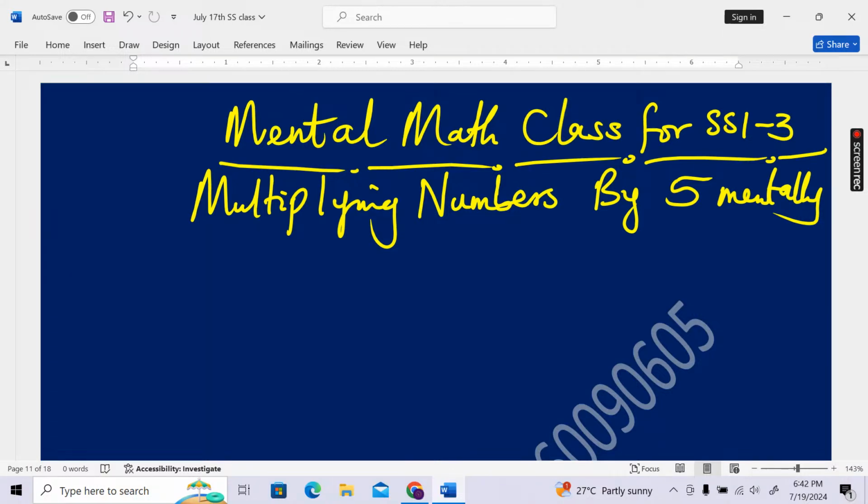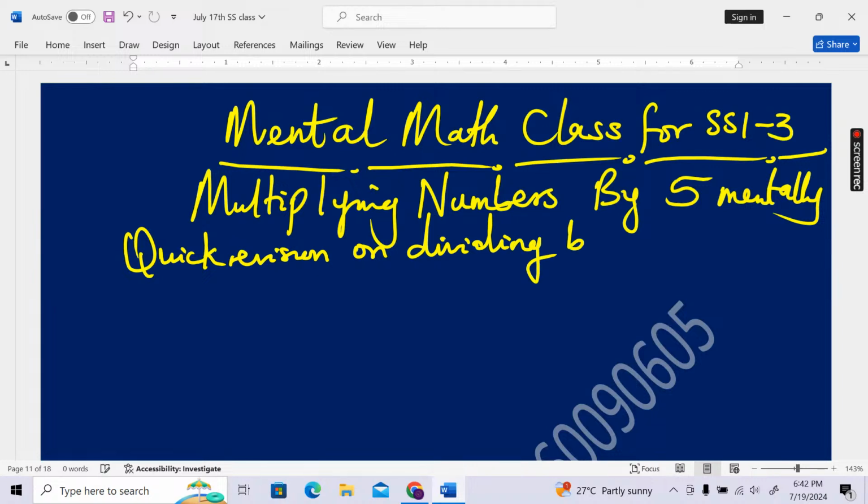Don't forget that we learned how to divide any number by 5. So, a quick revision on dividing by 5. Look at the first one.